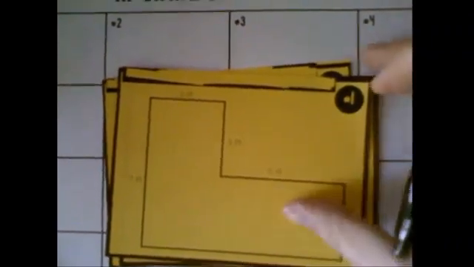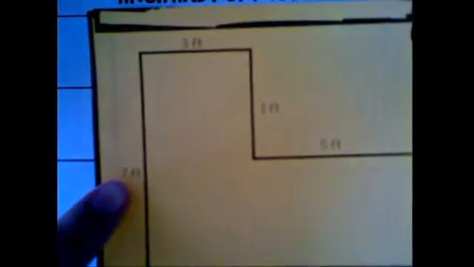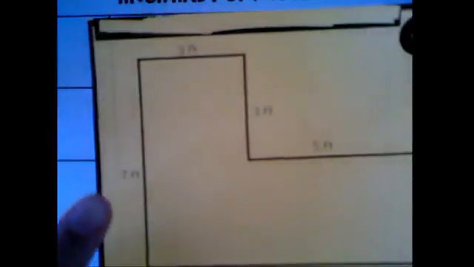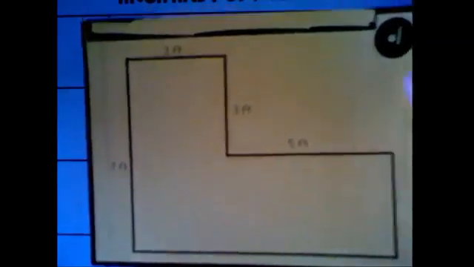Remember some of the strategies for adding up all the sides. Maybe try to find 2 numbers that are friendly to make 10. So I notice if I'm adding up these sides, I see 3 feet and 7 feet. I know that makes 10. So I could cross off these 2 and start with 10 and then add the rest of my sides or see what other 10s I could make.